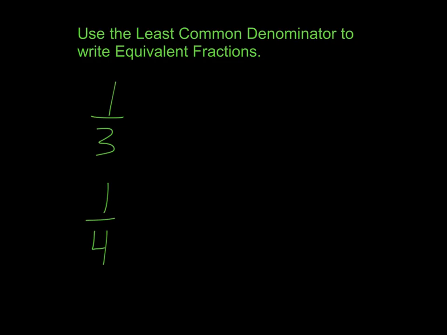Now that we know that the common multiple for each denominator is 12, we are going to use this least common denominator to write equivalent fractions.